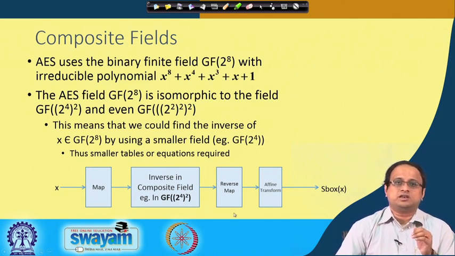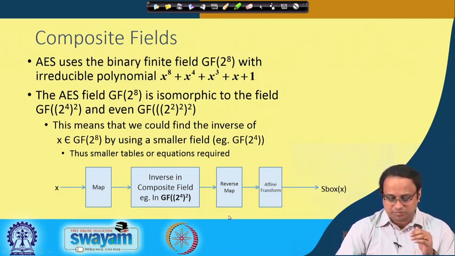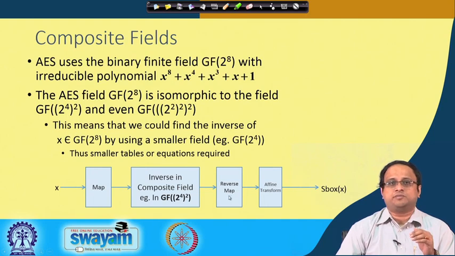Then you can also do a very simple trick. Remember that the map and the reverse map, based on the final algorithm that I discussed in the last class, can be represented by a linear matrix, which is a 0-1 linear matrix. So what I can try to do is combine the inverse map matrix with the affine transformation matrix.